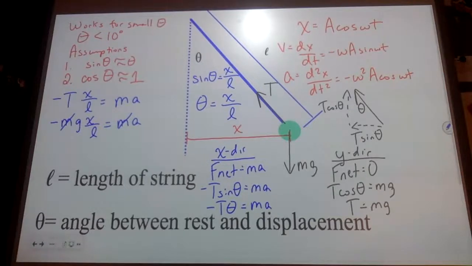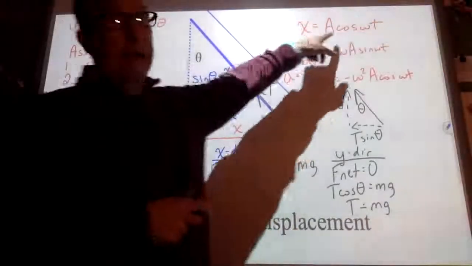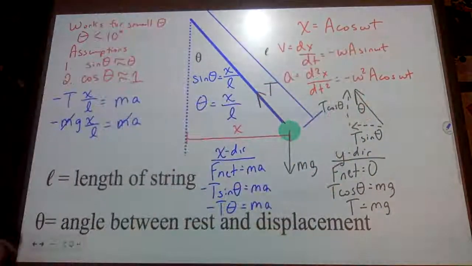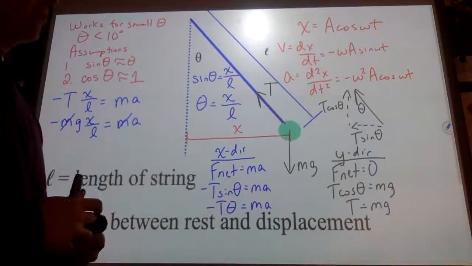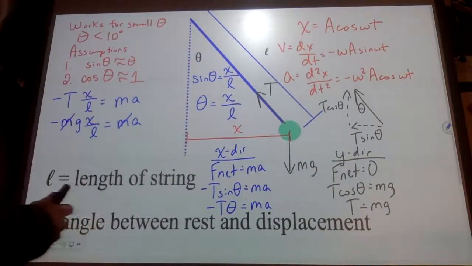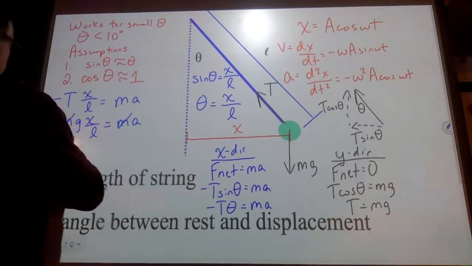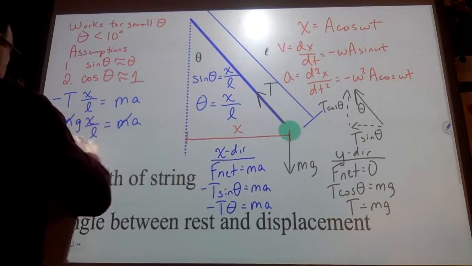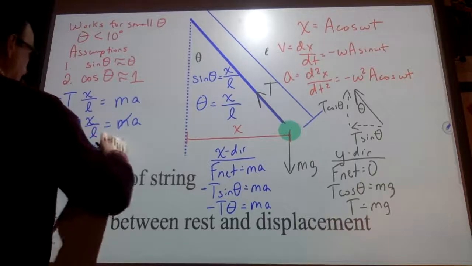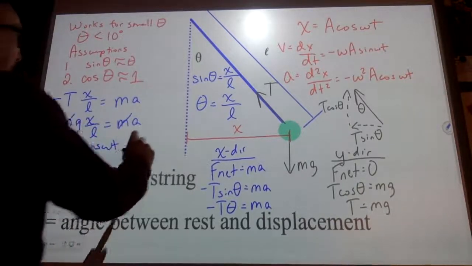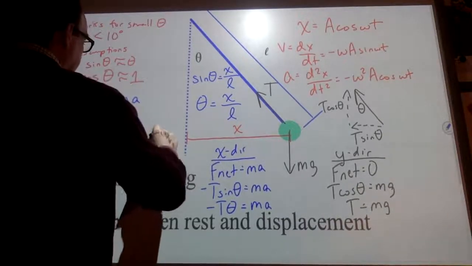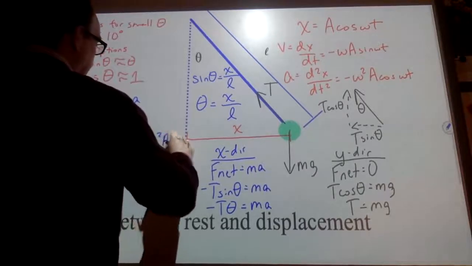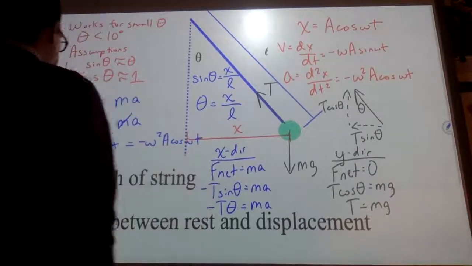And I'm going to substitute in for x and a, my A cosine omega t and my negative omega squared A cosine omega t. So I'm going to have negative g over L A cosine omega t is equal to negative omega squared A cosine omega t.